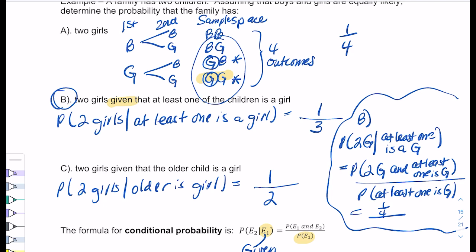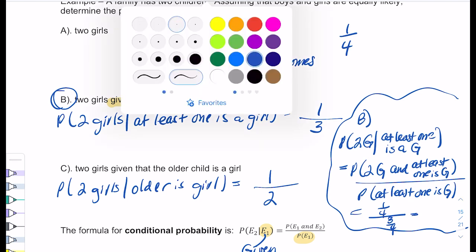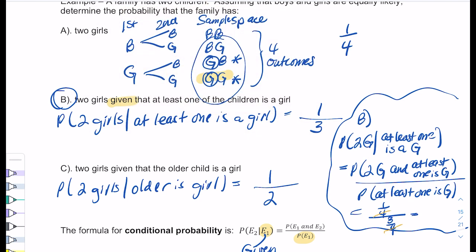So that would be 3 out of the total 4. So now if you remember, I showed you a shortcut for dividing fractions like this. The 4's are just going to go away, and all you're left with is the numerators. So 1/3, which is the same answer we got when we did it the other way.